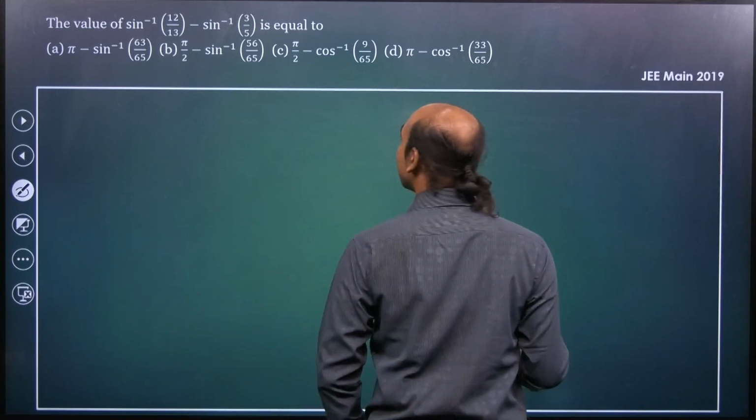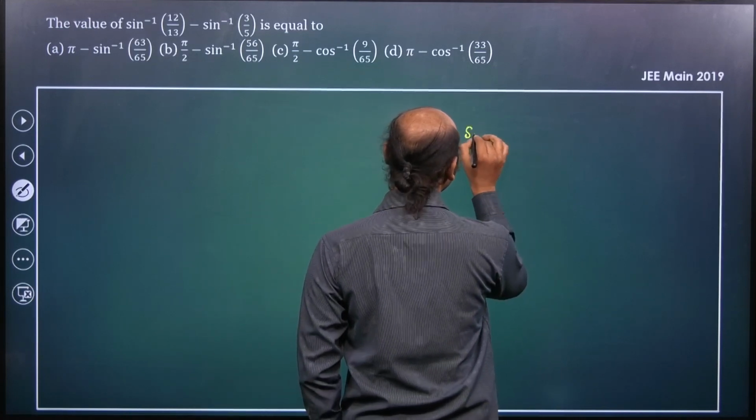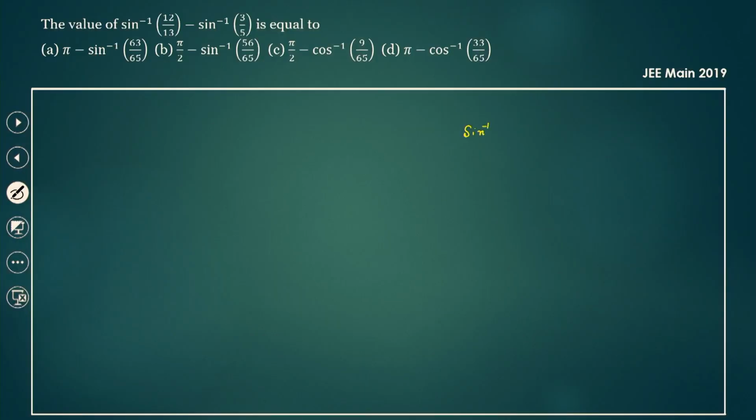So here we have sine inverse of 12 by 13 minus sine inverse of 3 by 5.